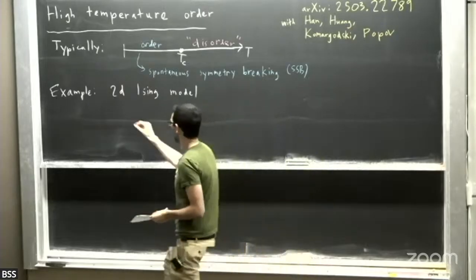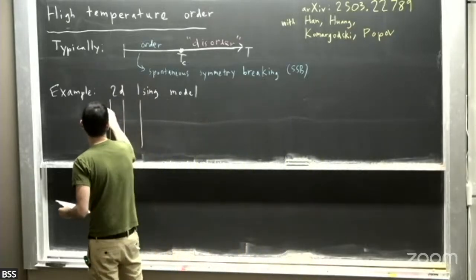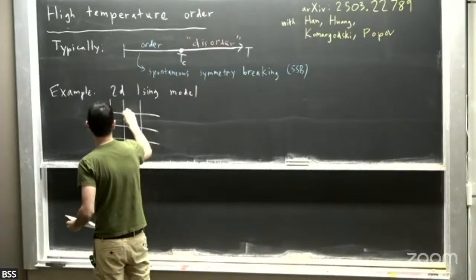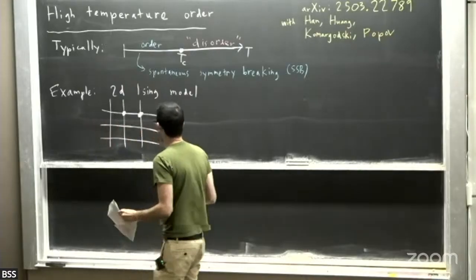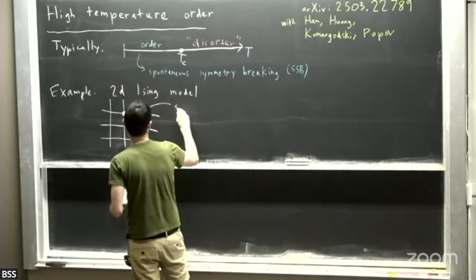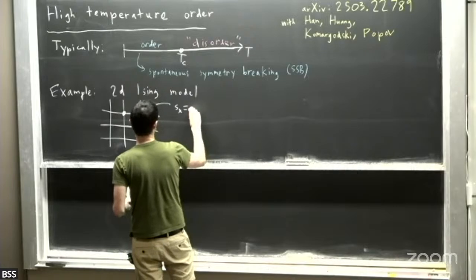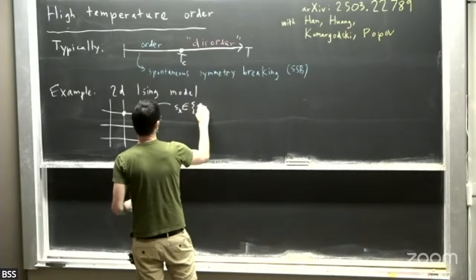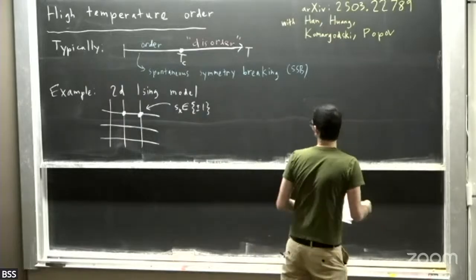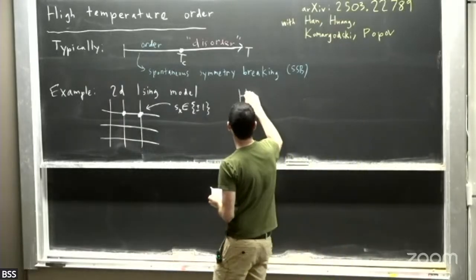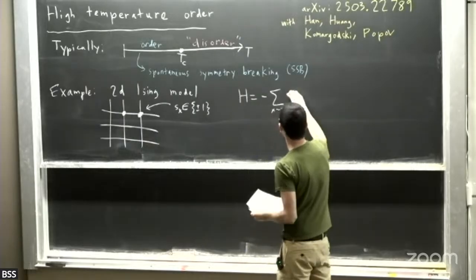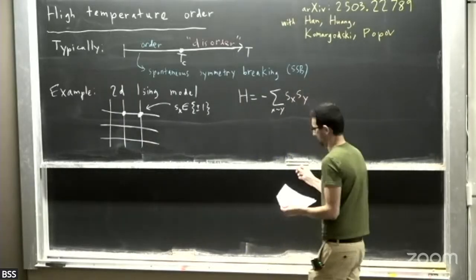So I have some square lattice, with spins at all of the vertices of the lattice. Each spin is either +1 or -1. And the Hamiltonian for my Ising model is just the sum over all adjacent pairs of S_x times S_y.